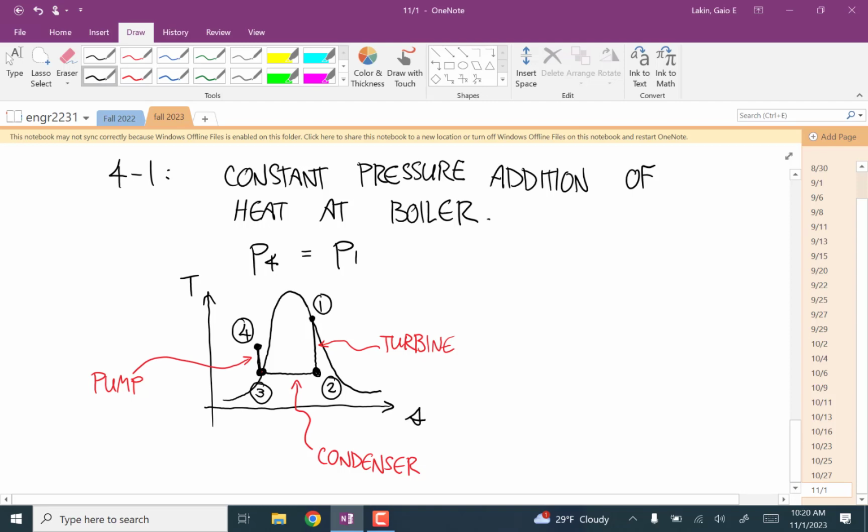And that happens, so first you have to heat it back up to state one, first you have to get it up to the saturated liquid. And then you have to add heat to go from a saturated liquid to a saturated vapor.